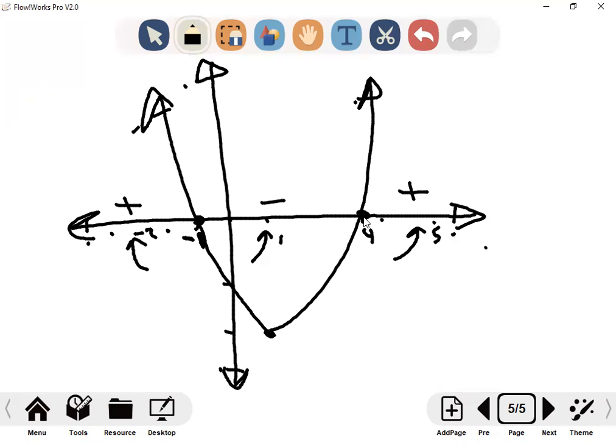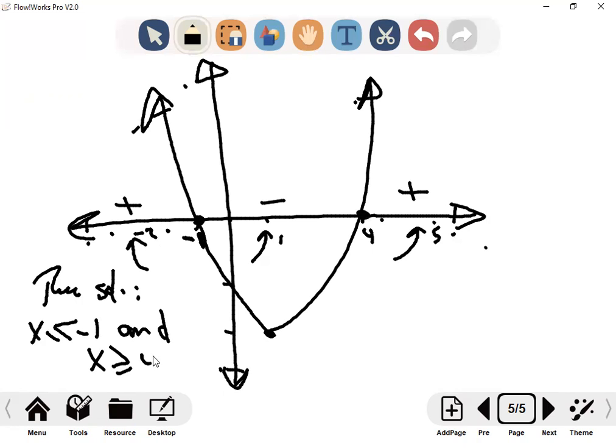So what's the solution? x less than or equal negative 1, and this part and the other part, x more than or equal what? 4. This is the solution for the inequality there.